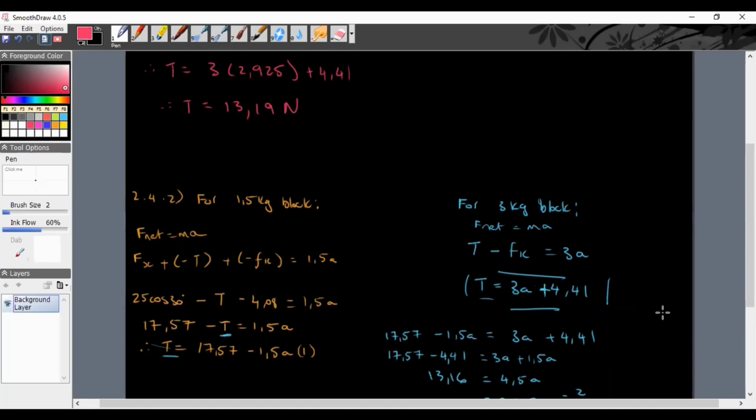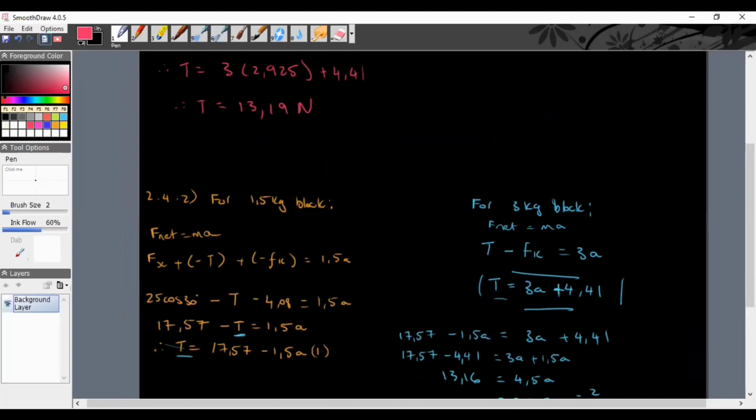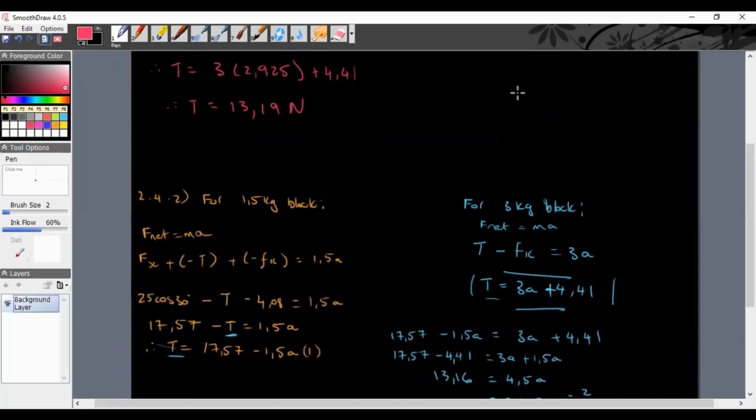For the 1.5 kg block, do you use Fx because it has that 25 newtons? You're using the Fx because the force has been applied at that angle.